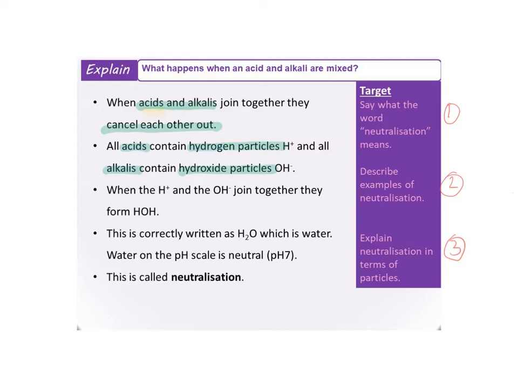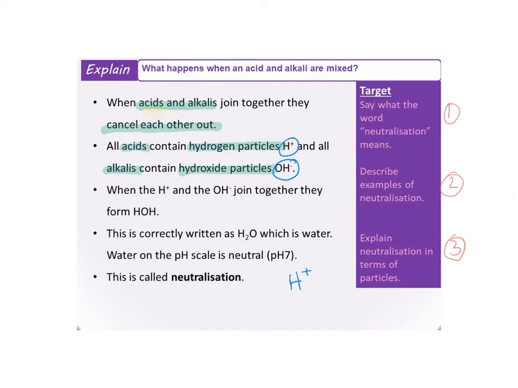Now, just before moving any further, I would like to explain what this means. This H plus and this OH minus. So the H is going to just be the symbol for hydrogen that you would find on the periodic table.